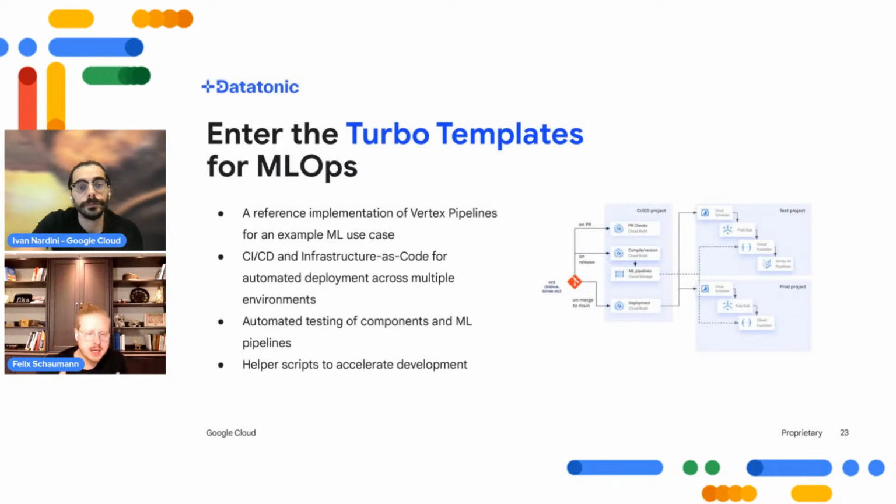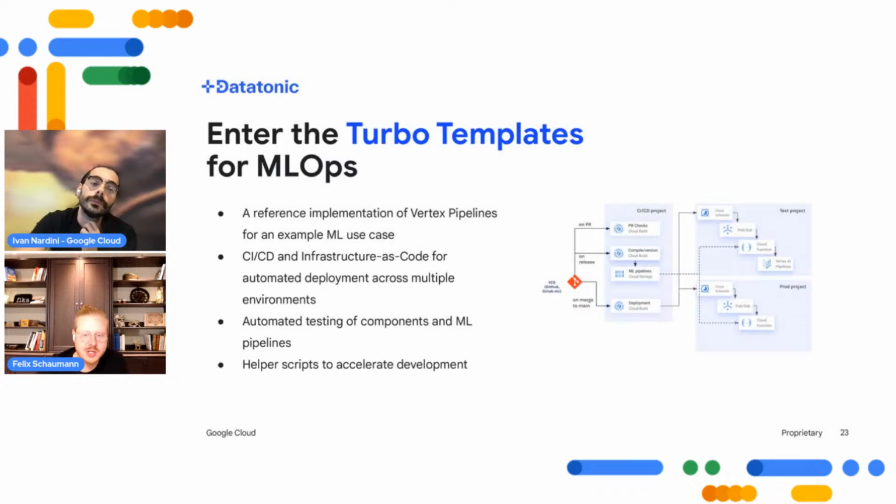One is it already provides you most of the core features you need when you want to productionalize a use case. This is, for example, your continuous integration and deployment pipelines, so overall your automation, but it also gives you all the infrastructure as code which you need to actually automate the deployment across not just a single sandbox environment, but actually up to test, production and so on.